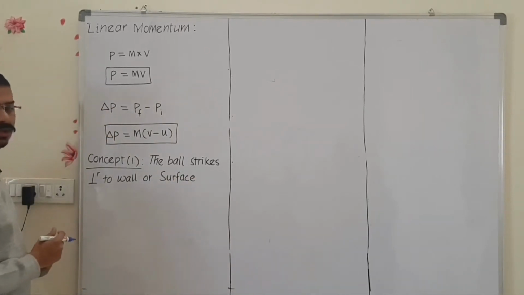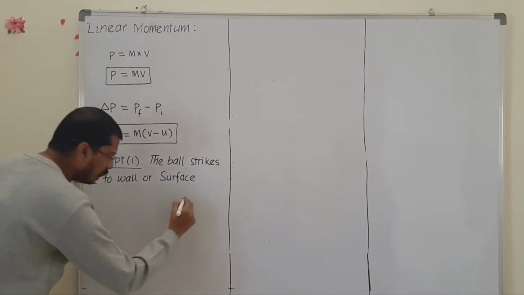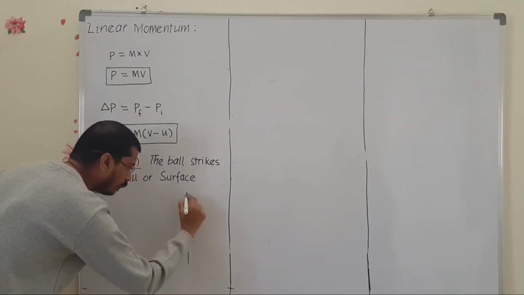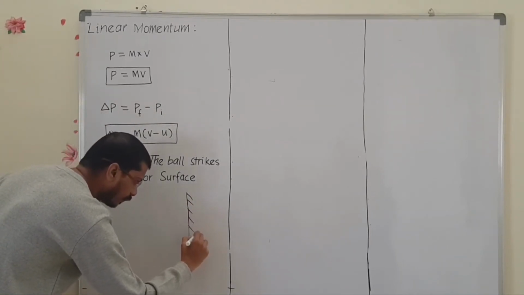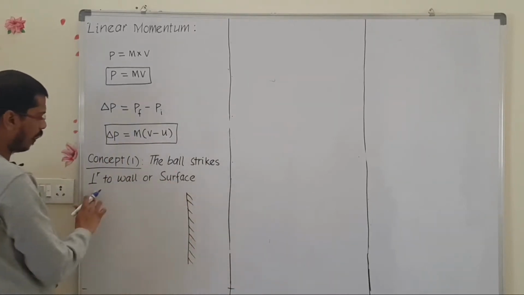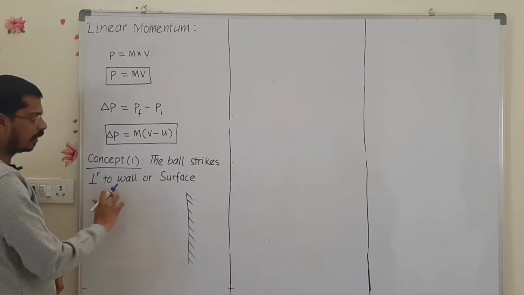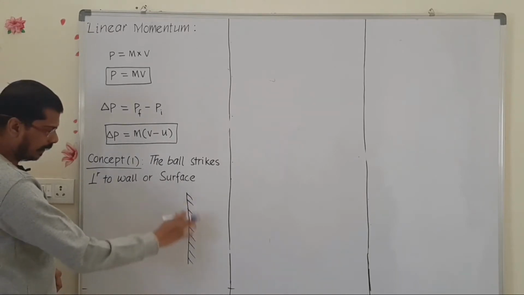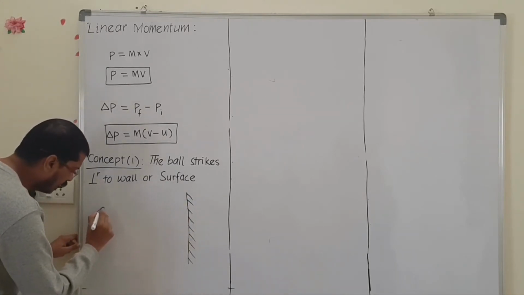Okay, this is the first concept. Now we can take this as a wall. Here the ball strikes perpendicular to the wall or surface. It is a condition. Now I am taking this as a ball.